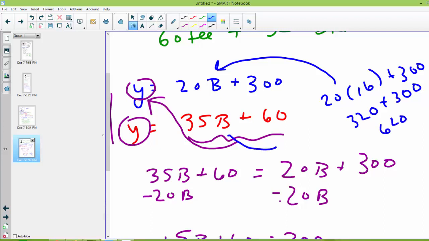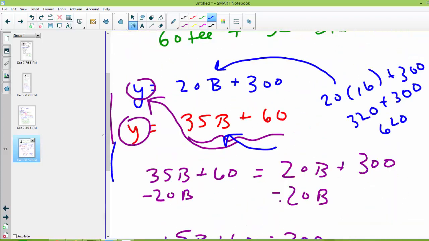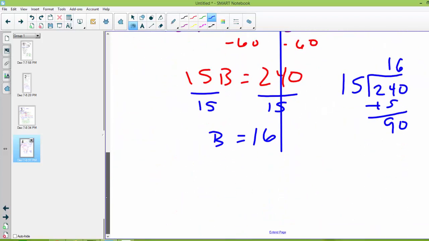If you plug these 16 in for that b, you will also get 620. So the ordered pair situation here is 16 bikes, $620. So if you were going to rent 16 bikes for a week, it wouldn't matter which company you picked because it would be the same amount of money.